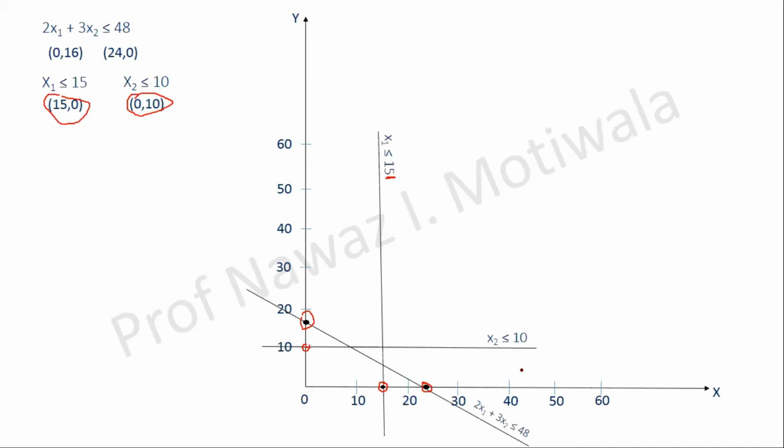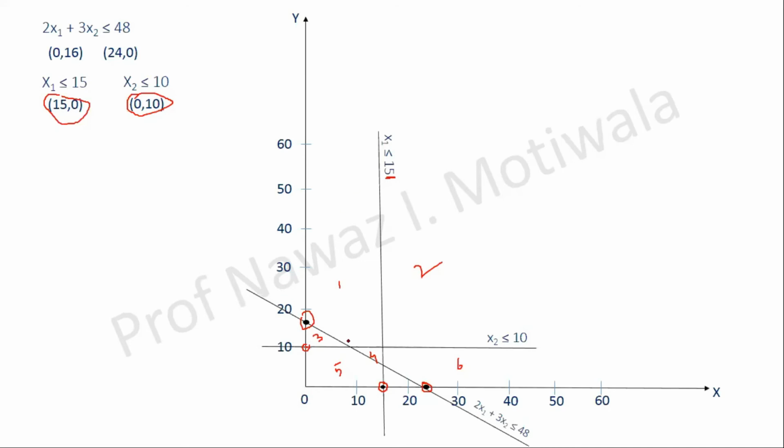Now the next step is to find out the common region satisfying all the 3 lines. So let me mark the regions. Let us say 1, 2, 3, this is 4, this is 5 and this region is 6. So can anyone answer which will be the common feasible region? 5, sir. Some other student can answer if they have a different opinion.